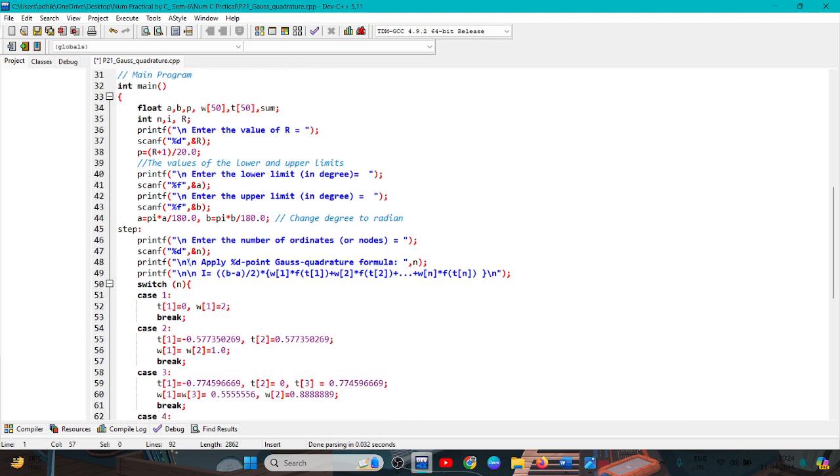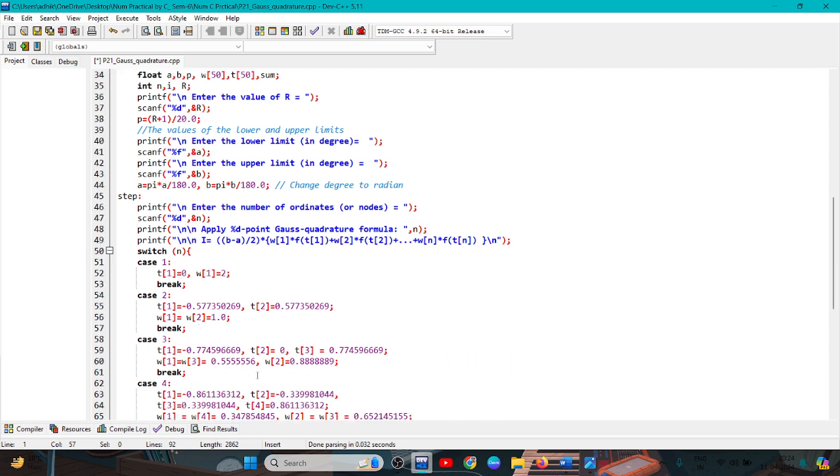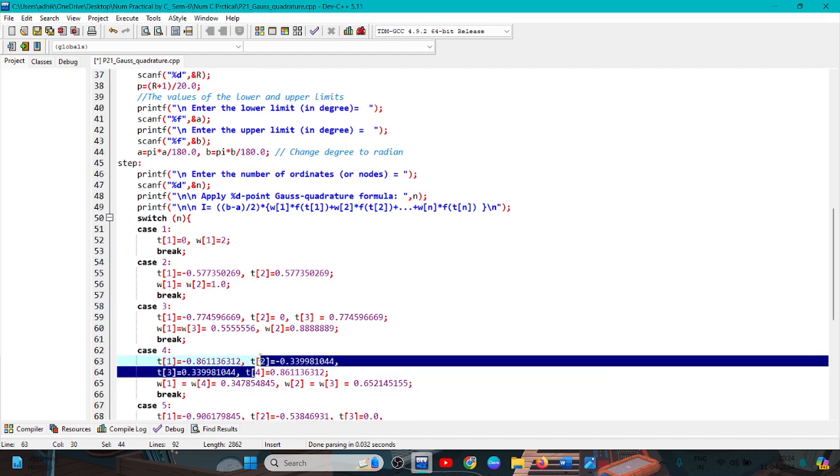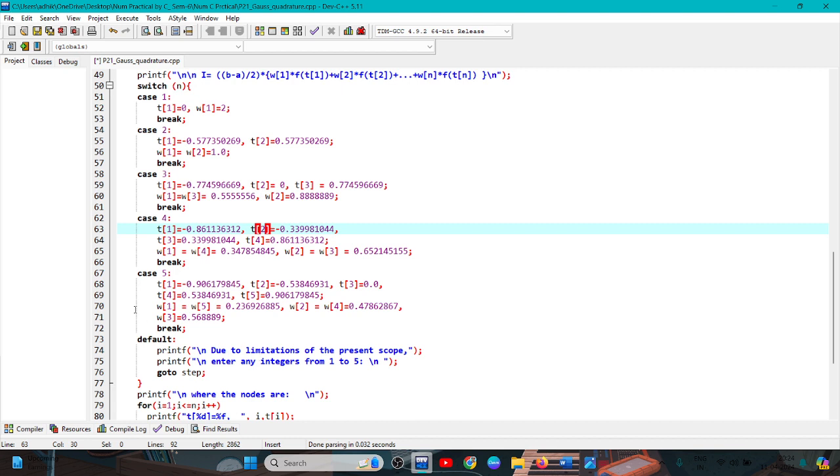Now we use the switch statement here. If you put n equal to 1, then case 1, n equal to 2, then case 2, and so on. Here n equals 5, because it is the 5-point Gauss quadrature formula. So for n equal to 5, we have t1, t2, t3, t4, t5 and the corresponding weights, where w1 and w5 are equal, w2 and w4 are equal, and w3 equals this, and break.